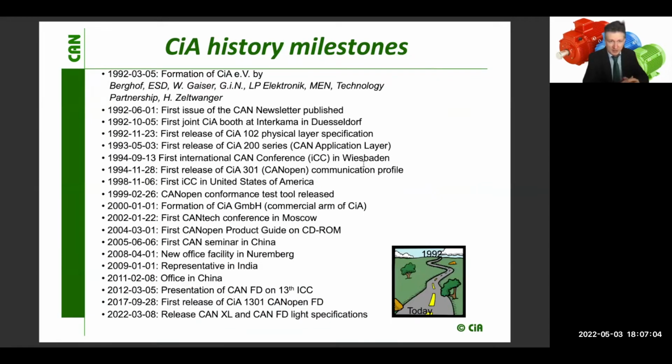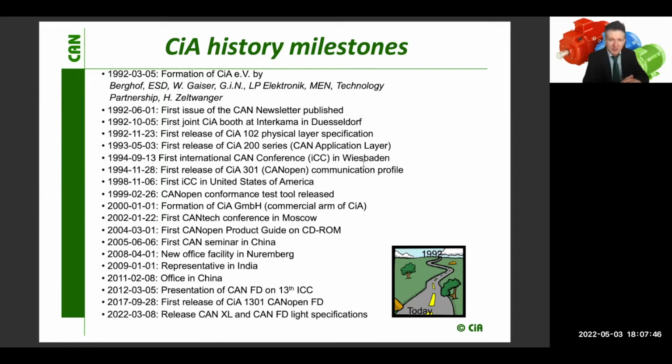Briefly about the history, we have the foundation time. There were a few companies and some private persons, and all the companies and the private person are still members of this organization. Mr. Zeltwanger is still director of the CAN Automation organization, and companies such as Berghof, ESD, and Electronic are still CAN Automation members.